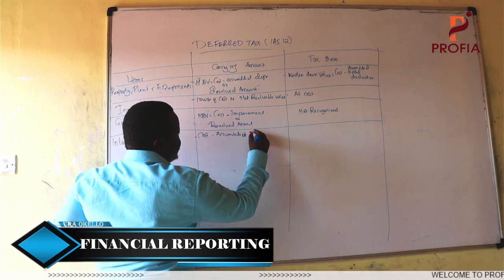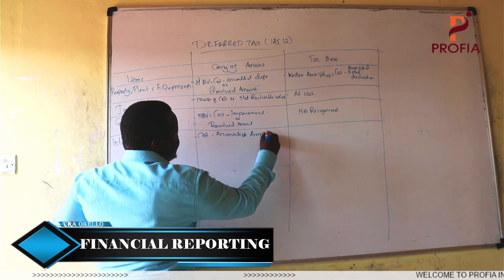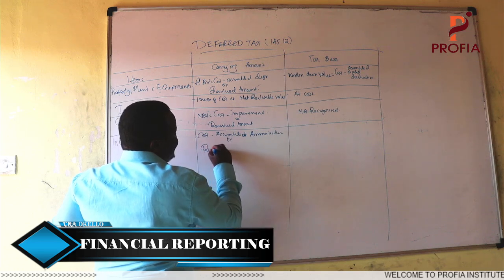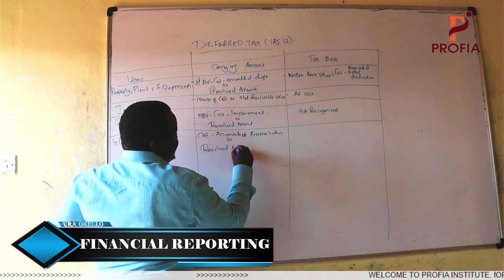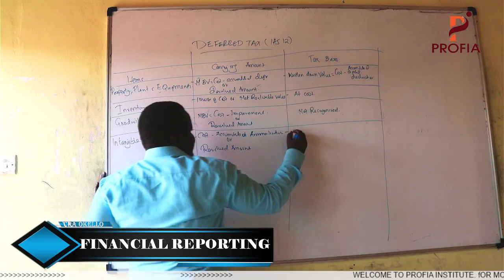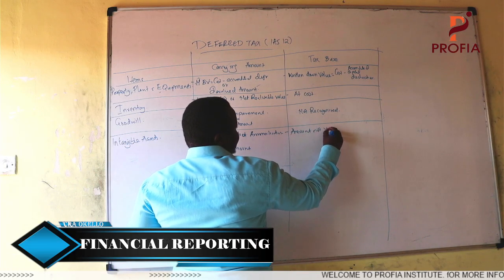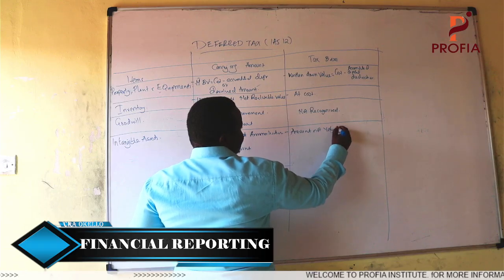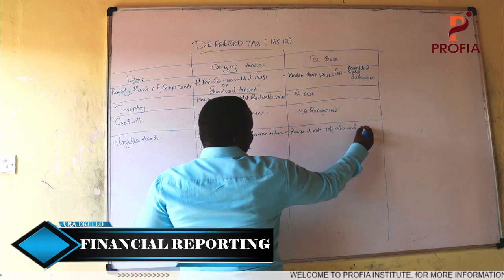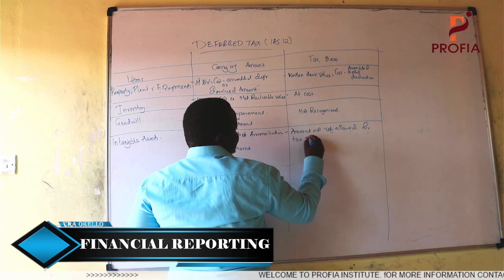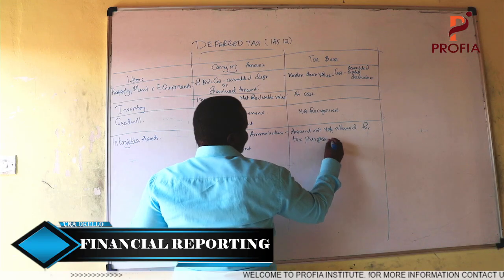Amortization. Or revalued amount. That side will be the amount not yet allowed for tax purposes.